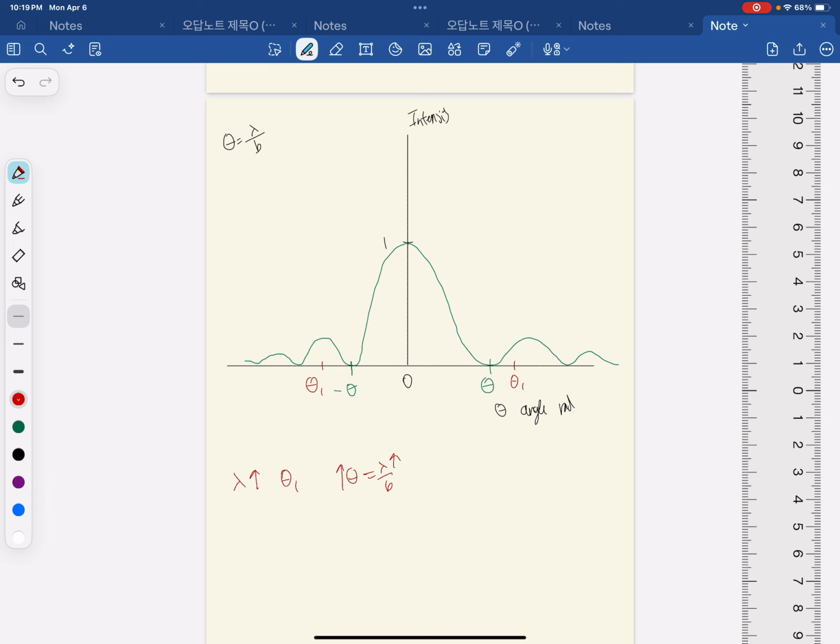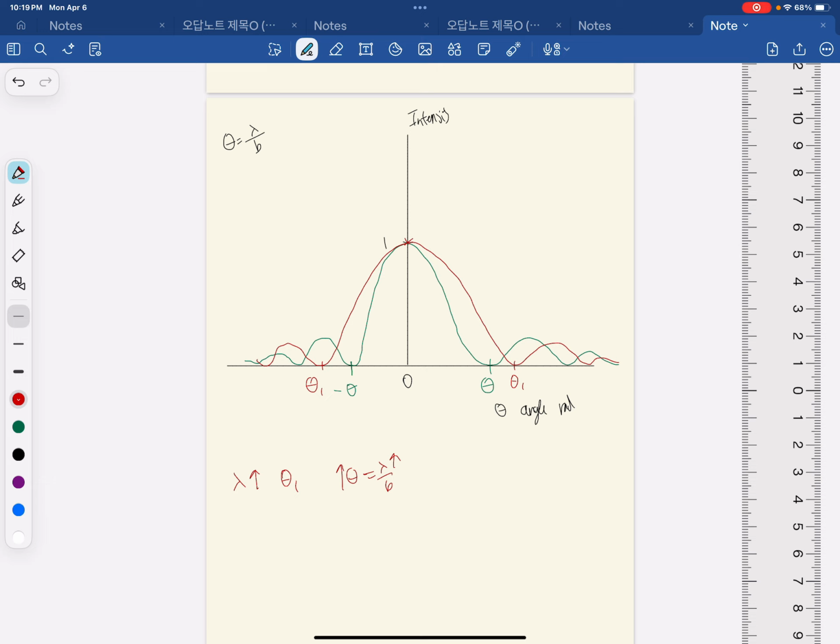Also, the intensity at the central axis will be 1 for this new diffraction pattern again. Everything's going to look the same except that this one's a bit wider. Keep in mind that the intensities for all maxima are the same in the case where only the wavelength changes.